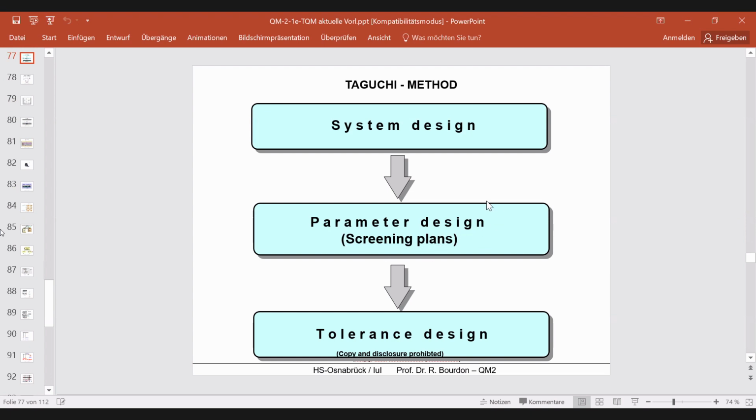So this is the experimental design and the analysis of these DOE experiments. And then on this base, you have to check if the tolerance is okay, or if you have to take maybe other material or other machines or whatever. This is the final step. So these are the 3 steps, and the main step, of course, is the parameter design here in the middle.